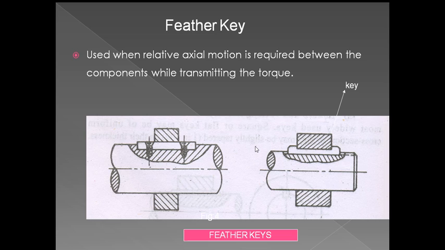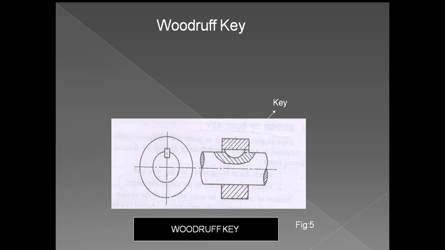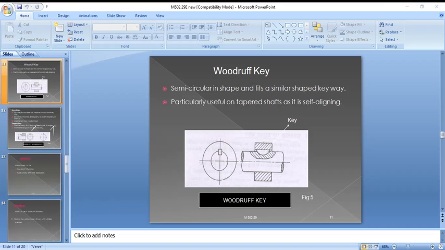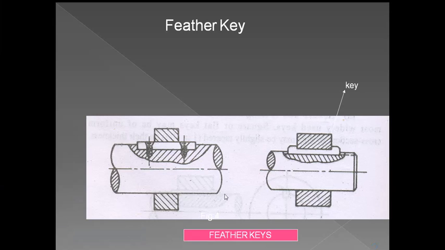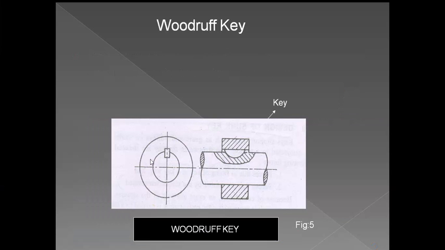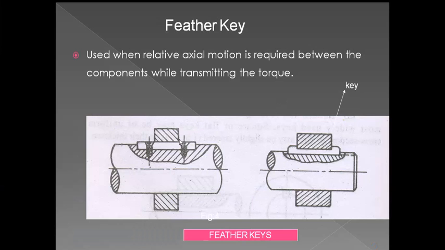It permits relative axial motion because the key is fitted to the shaft and there is a hub on it. It has a long key which is fitted to the shaft so that the hub can move to and fro on the key whenever required.